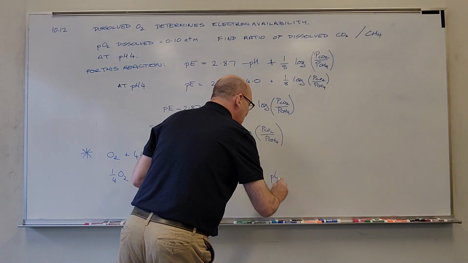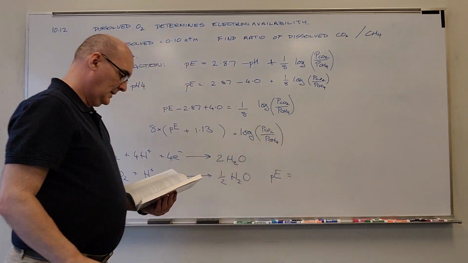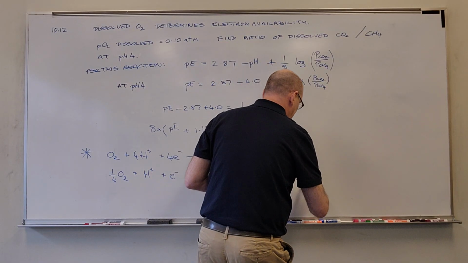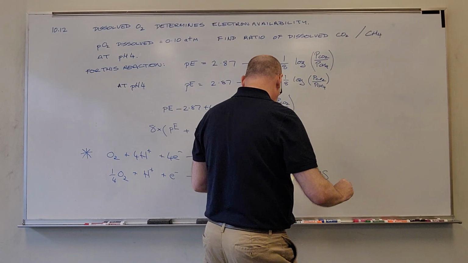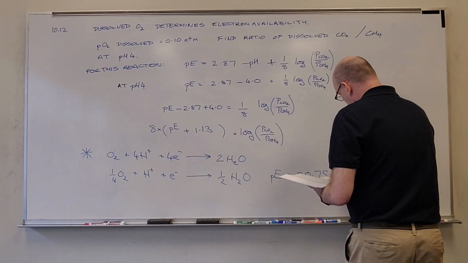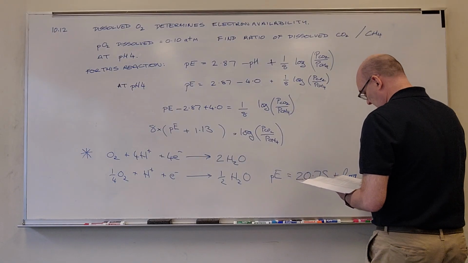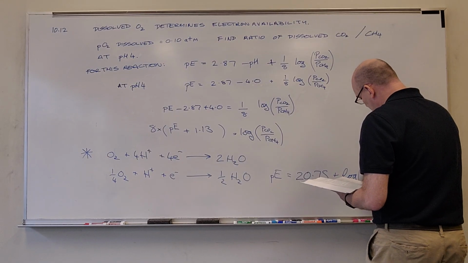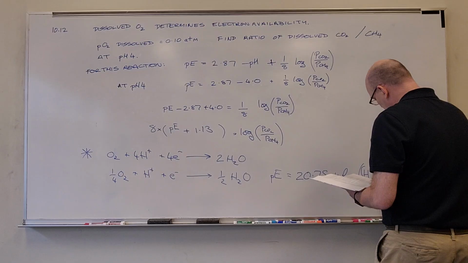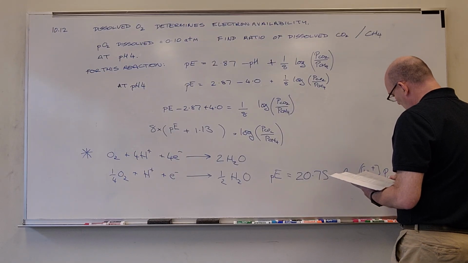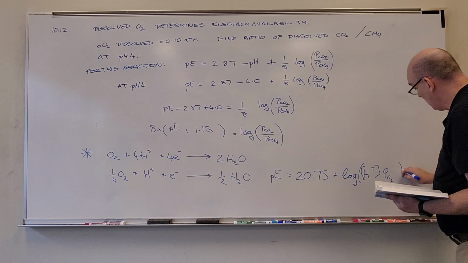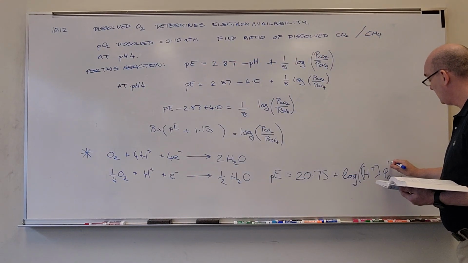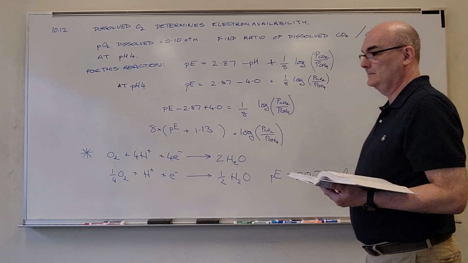The PE here is 20.75 plus the log of the H plus concentration multiplied by the oxygen pressure. But because we only have 1/4 of an oxygen, it's raised to the power of 1/4. Okay?